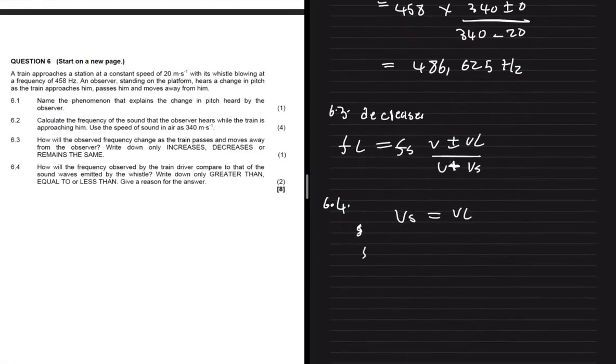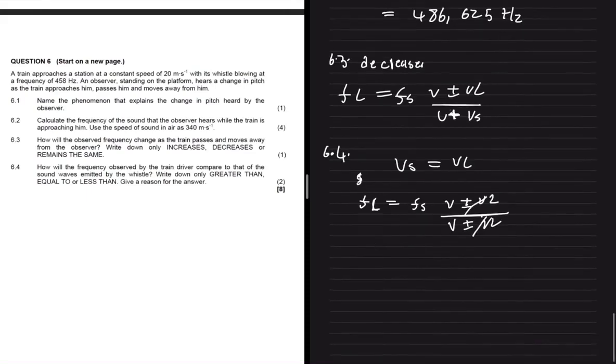If we put that into the equation, we get FL equals Fs (V plus or minus VL) divided by (V plus or minus VL) again, because Vs is the same as VL. So in this case, the numerator and the denominator cancel out, and we have FL equals Fs. So for 6.4, it will be equal to.